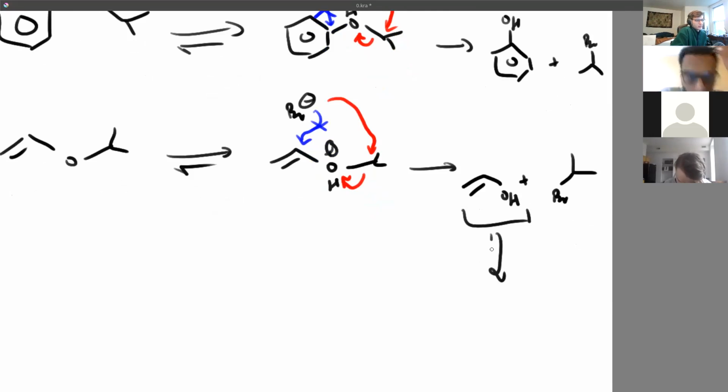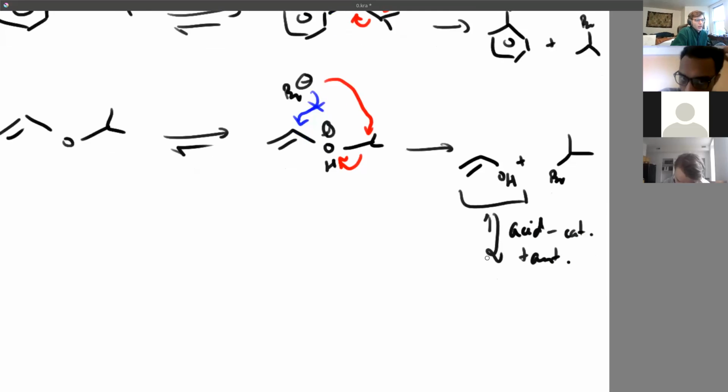So we get an acid catalyzed tautomerization, and we would wind up with this.